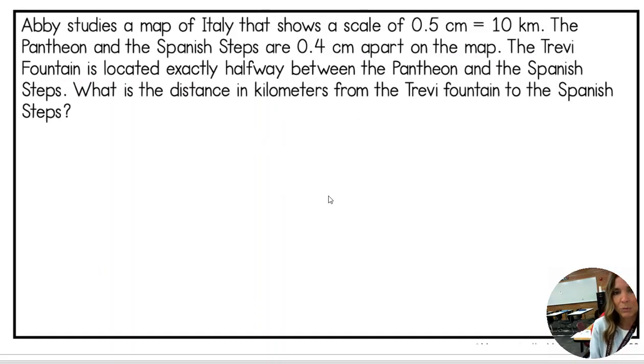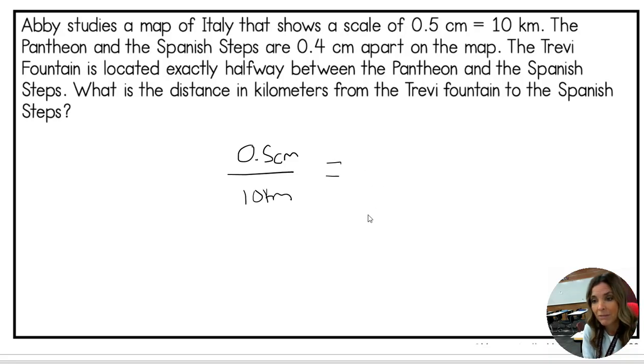Okay, let's go ahead and do one more. Abby studies a map of Italy that shows a scale of 0.5 centimeters over 10 kilometers. The Pantheon and the Spanish Steps are 0.4 centimeters apart on the map. We've got centimeters on top. The Trevi Fountain is located exactly halfway between the Pantheon and the Spanish Steps.